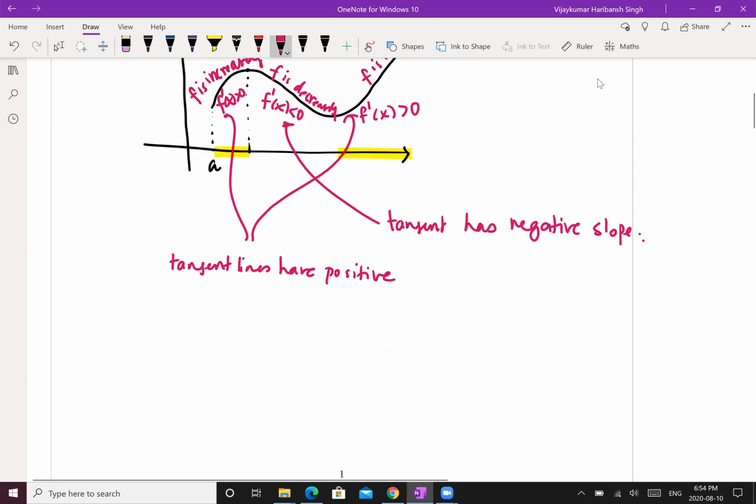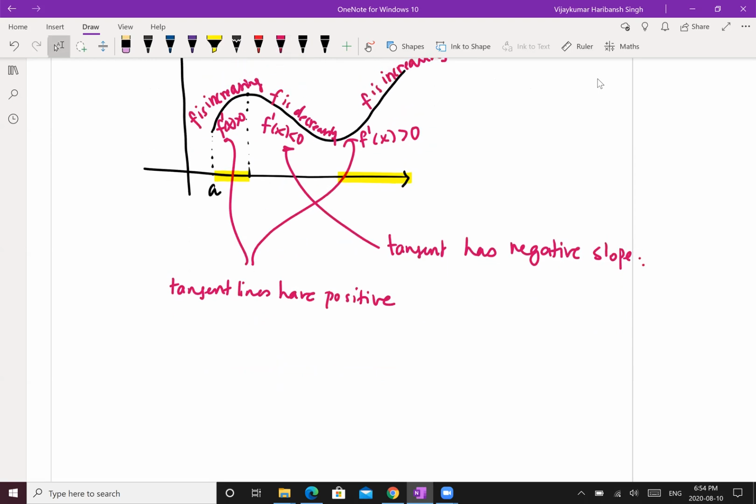Now, if you want to see this algebraically, we can see the following. So f prime x is greater than 0 implies the limit as h goes to 0 of f of x plus h minus f of x over h is going to be greater than 0.